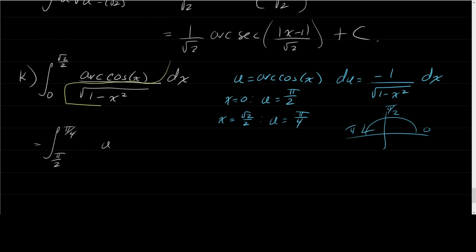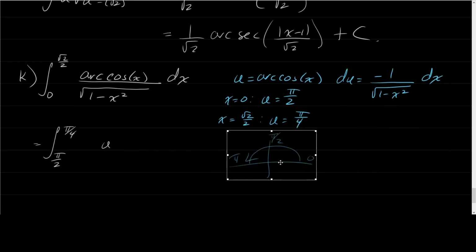I've got dx over the square root of 1 minus x squared here, with an extra negative sign. So what I can do is move this thing out of the way.